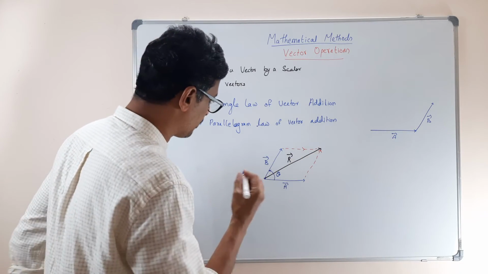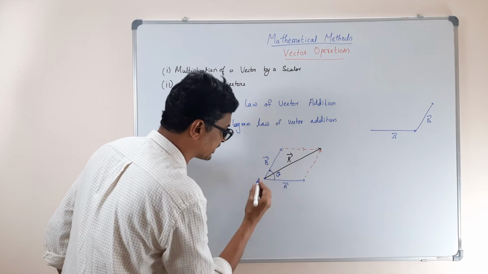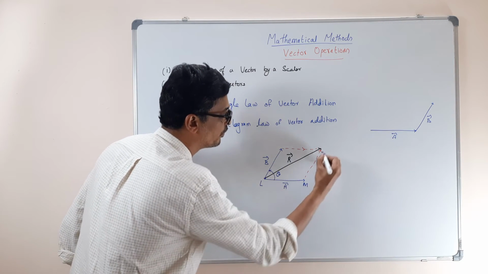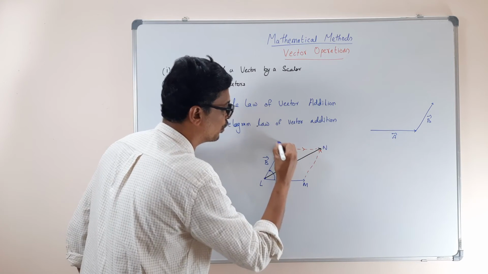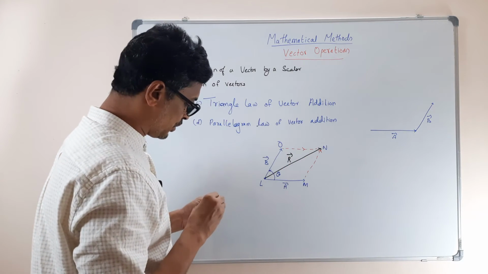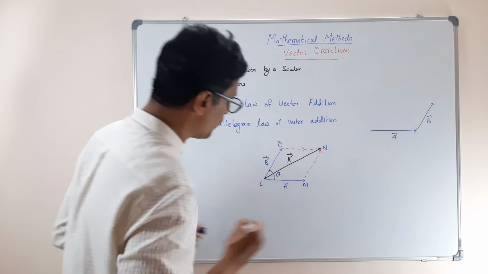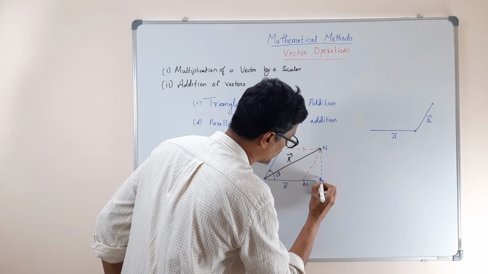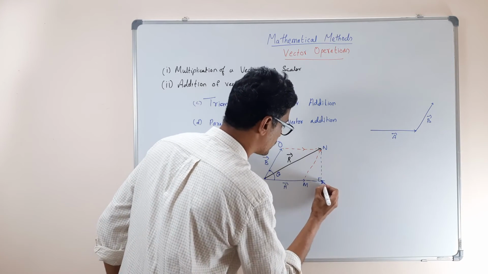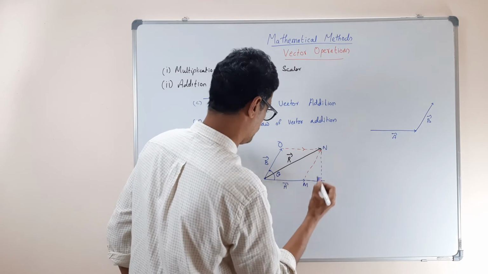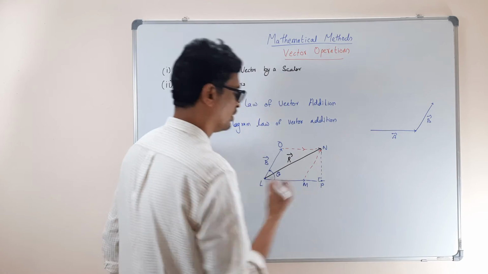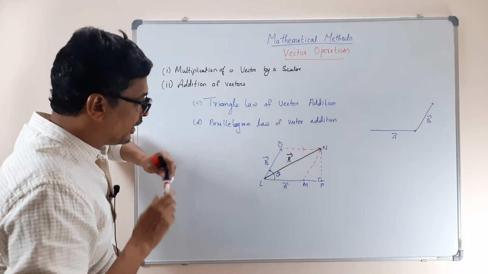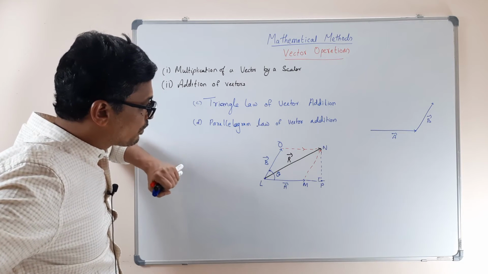Let me name the vertices L, M, N, O. Let us drop a perpendicular from here, and call the foot P. Now let us use the Pythagoras theorem.